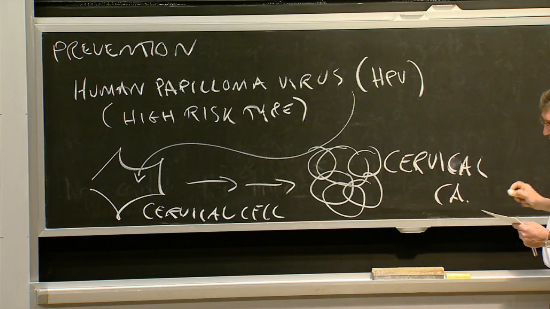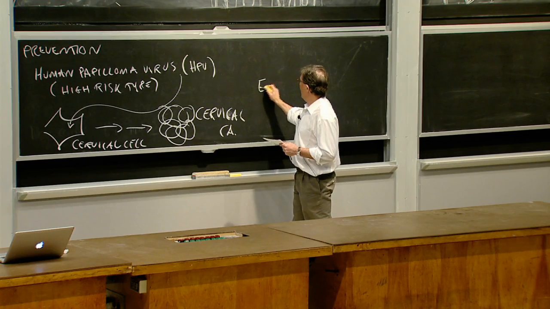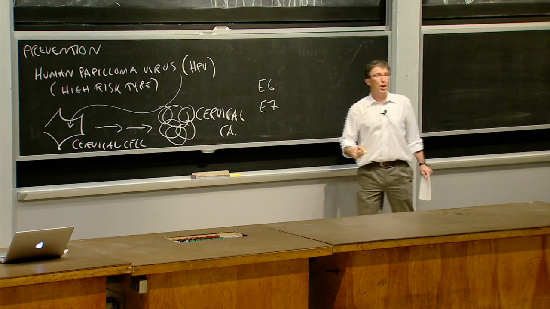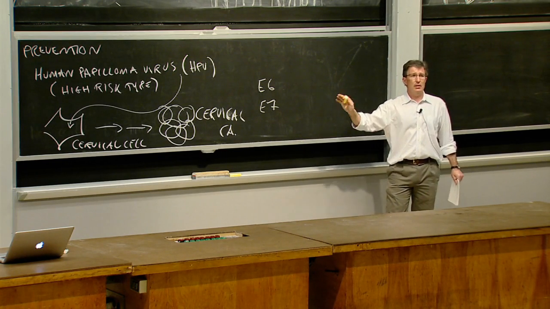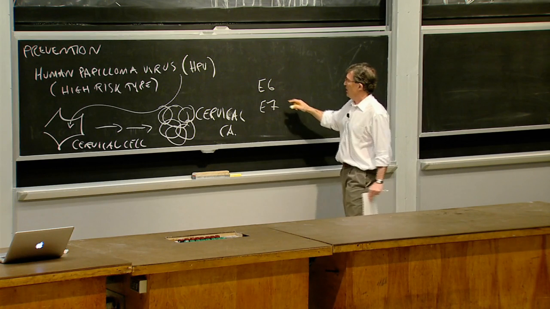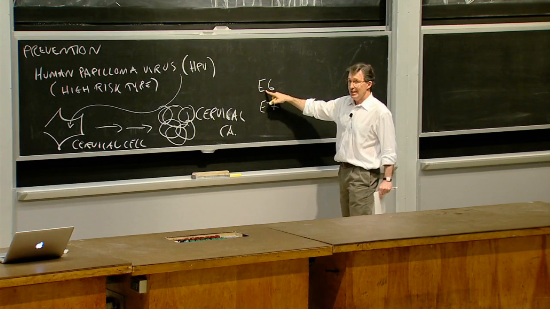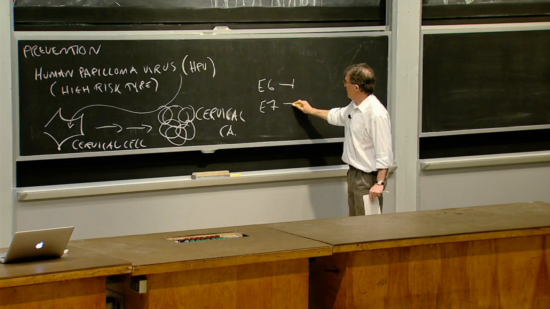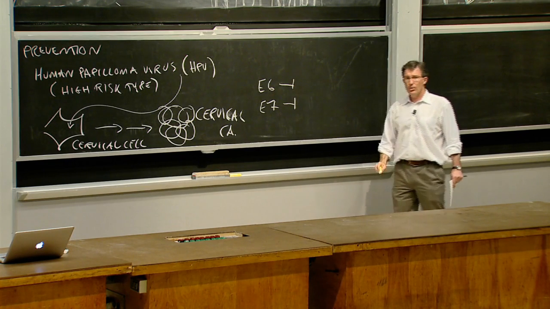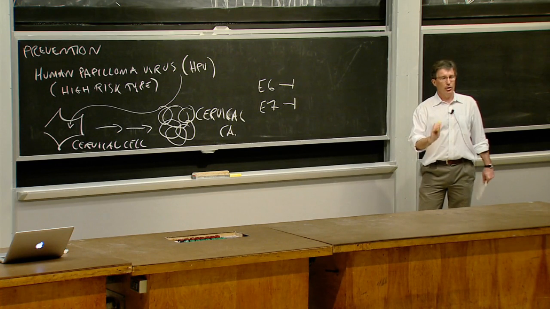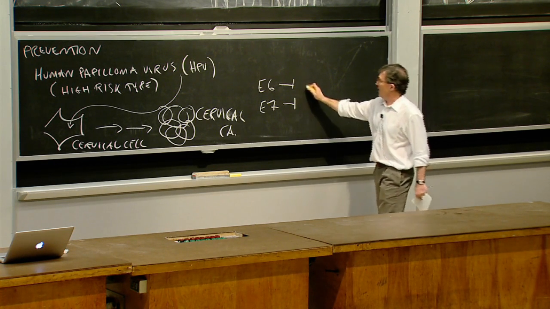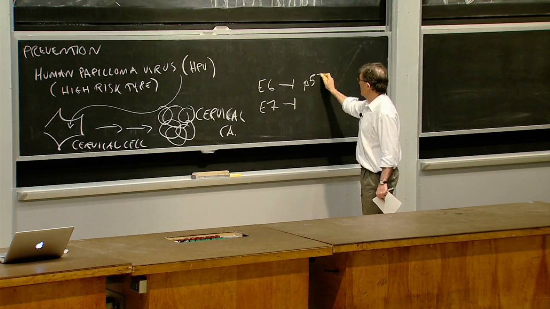And this has been studied at length. And we now know that there are two genes which are responsible for causing cervical cells to become cancer cells. Two genes of the virus called E6 and E7. And it's been learned that these genes, in fact, encode proteins that inhibit cellular proteins that we're actually quite familiar with. And we now believe we understand why the virus causes cancer.